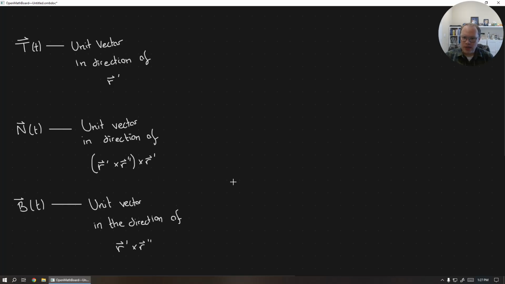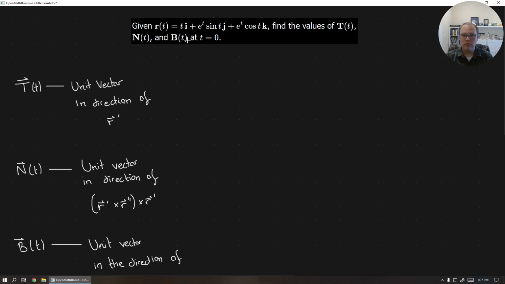So looking at what we need here, we're going to need the first derivative. And we're going to need the second derivative. So let's take the derivatives of our parameterized curve. And then we can plug in t equals 0 after we take the derivative.